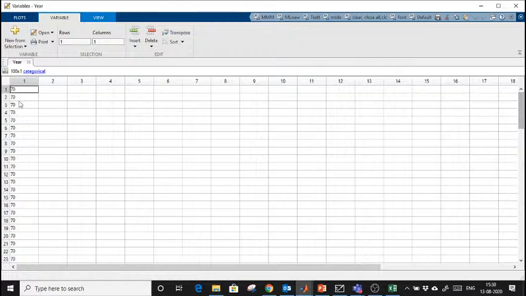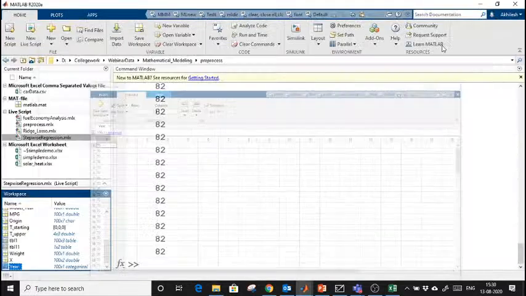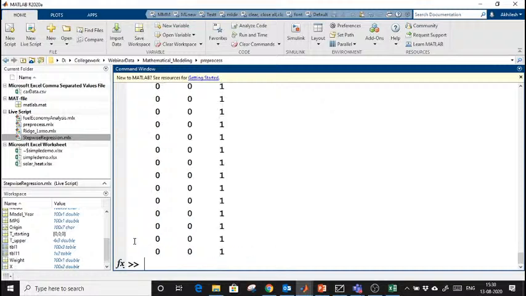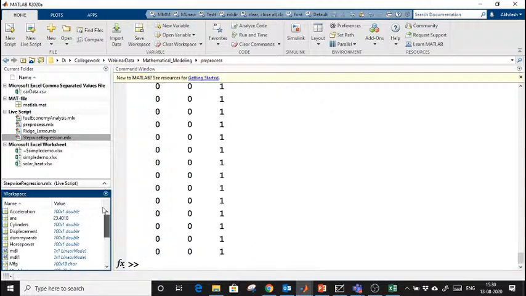Let's say I don't want to use 70. I don't want to use the car model year of 70. So in that case, we can create a dummy variable. The function is dummyvar of this year. When I run this, you will see what is created here.